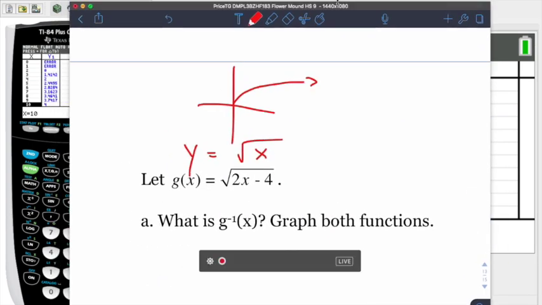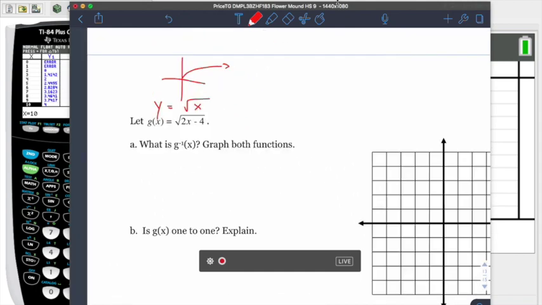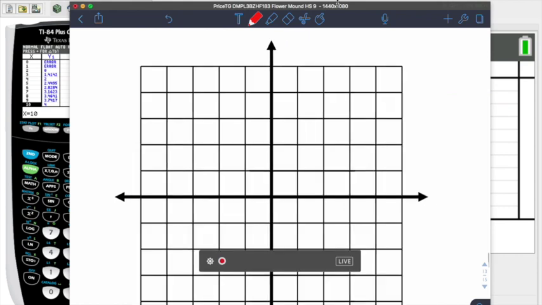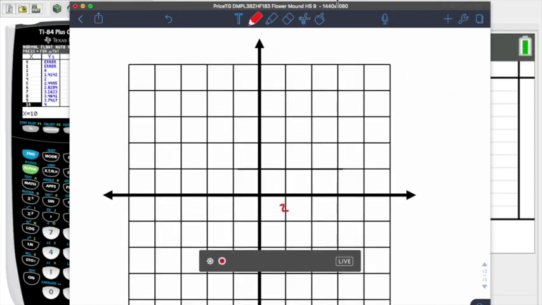So I'm going to pull this back up and see if we can get that going here. We had 2, 0. Let's do these by 2s so I can fit it: 2, 4, 6, 8, 10 and 2, 4, 6, 8, 10. So we had 2, 0. There was a point there.